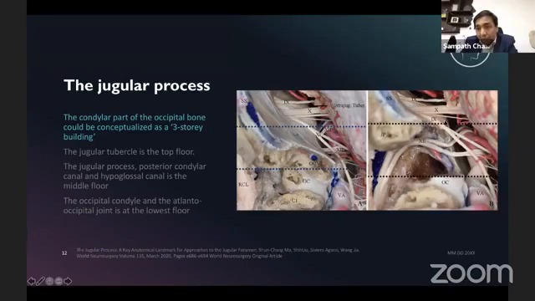The upper story has the jugular tubercle, and the 9th, 10th, and 11th cranial nerves drape themselves over the jugular tubercle. The middle story has the jugular process and the 12th, the hypoglossal canal. The third compartment, the lower story, has the occipital condyle, atlanto-occipital joint, and vertebral arteries.